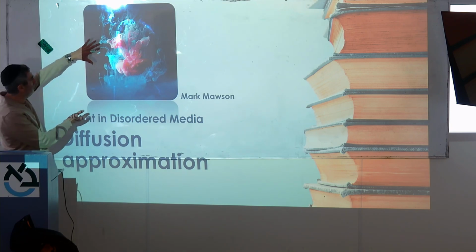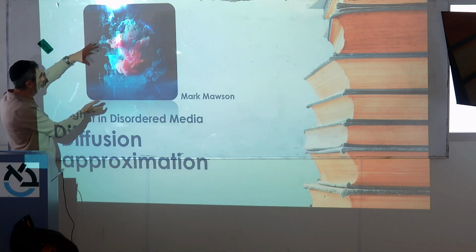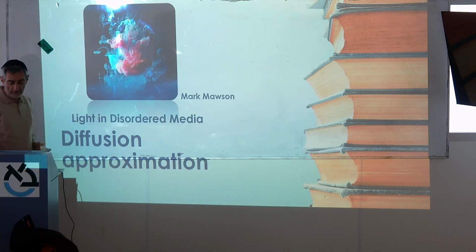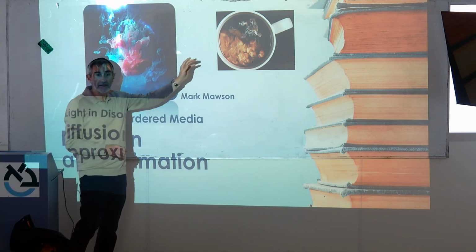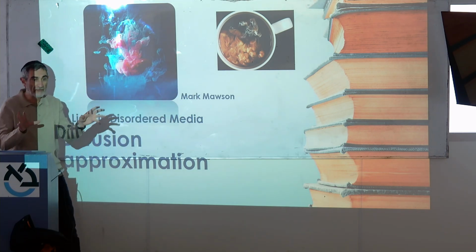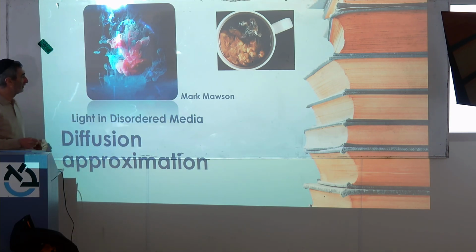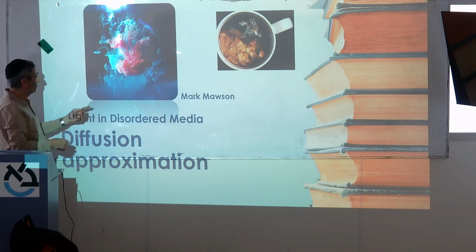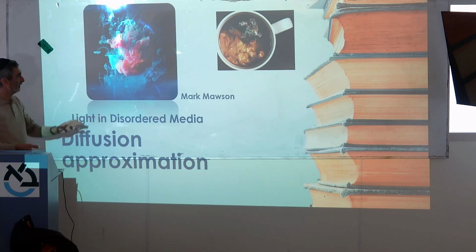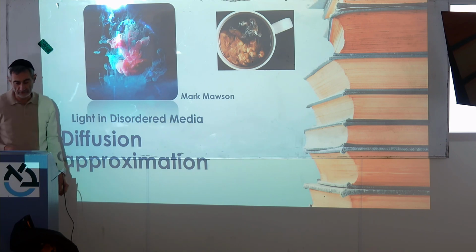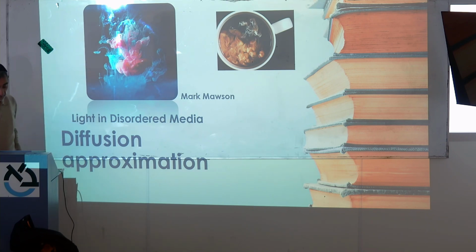Actually, he reversed the picture, but he found this effect by looking at milk. When you pour milk in your coffee, you have the same type of pattern. But he reversed the image. So actually, the liquid comes from this side here and drops inside the other liquid. So there are very nice pictures.